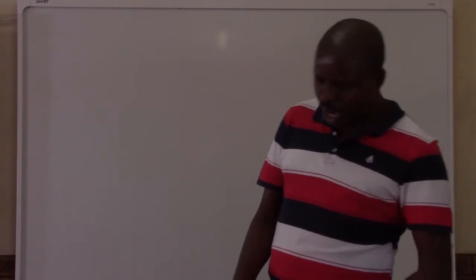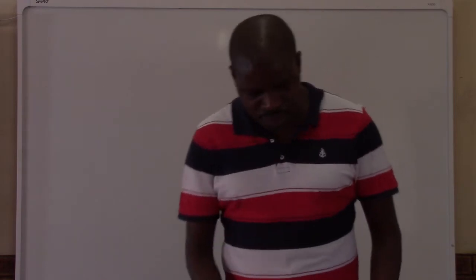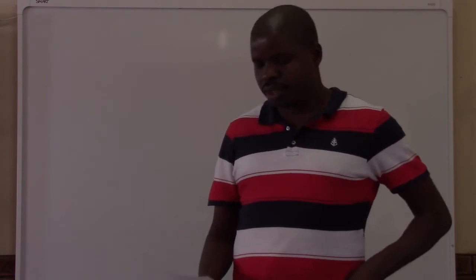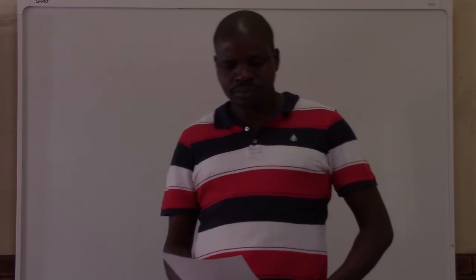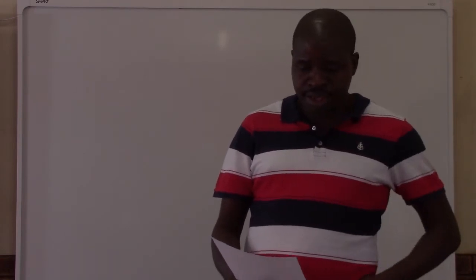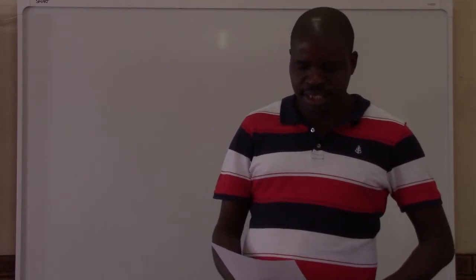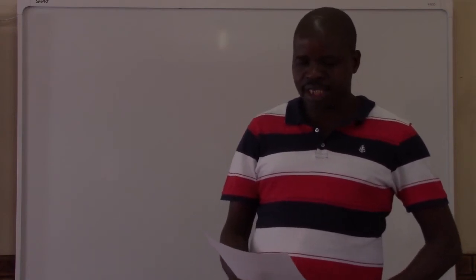So one of the questions that was once asked in the final exam was this one. That was question 3. It says in the diagram, A, which is -7 and 2, B, which is not given, and C, which is 6 and 3, D is also not given, are vertices of a rectangle ABCD.